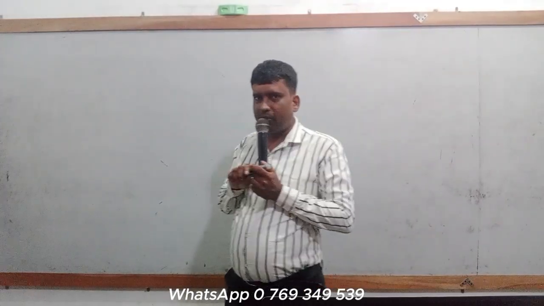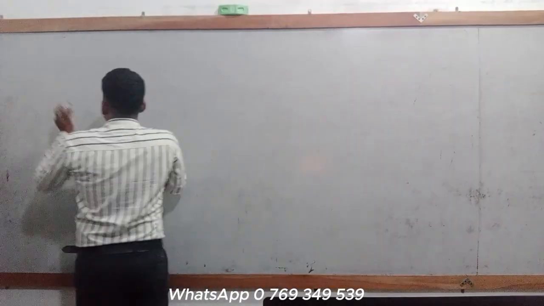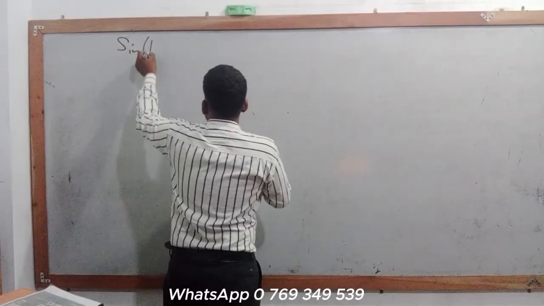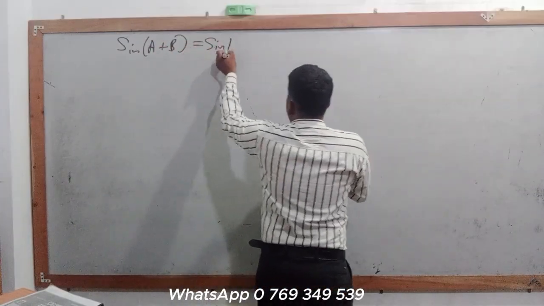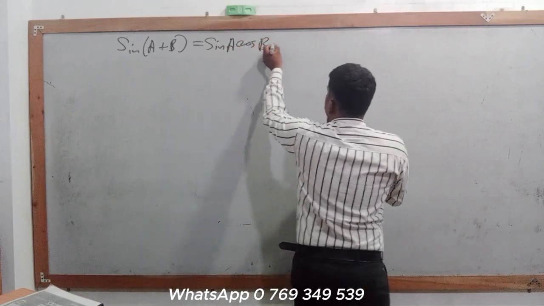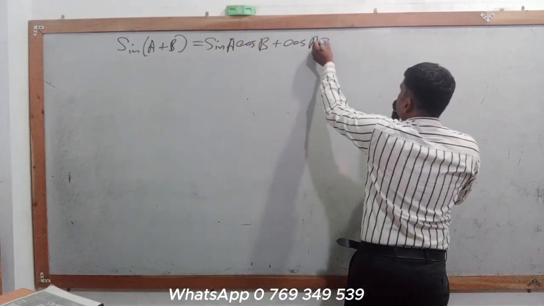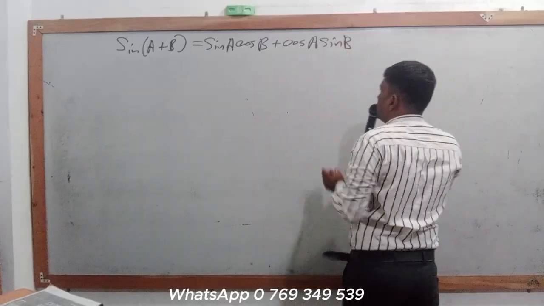Now write down sine A plus B. Sine A plus B equals sine A cos B plus cos A sine B. I think you know that.